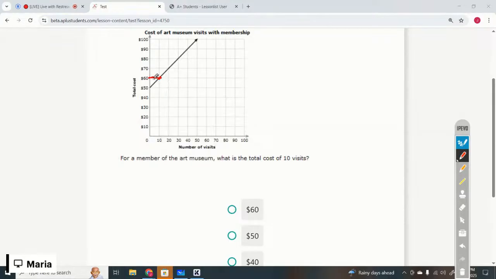Match it on the y-axis. So the cost of 10 visits is $60. The correct option is $60. Option number one is the correct option.